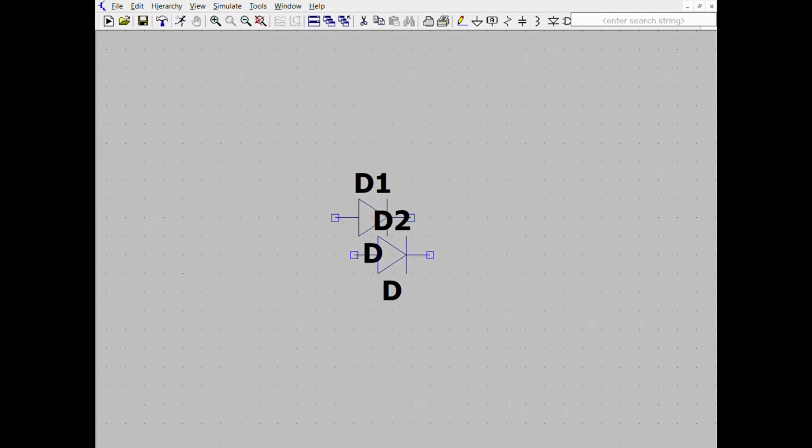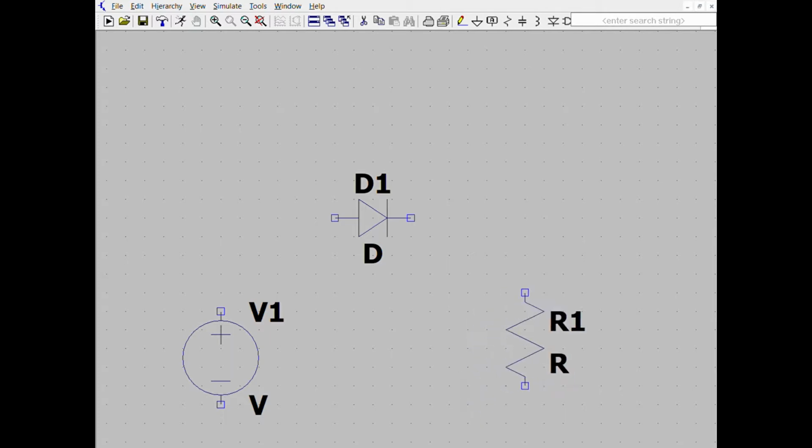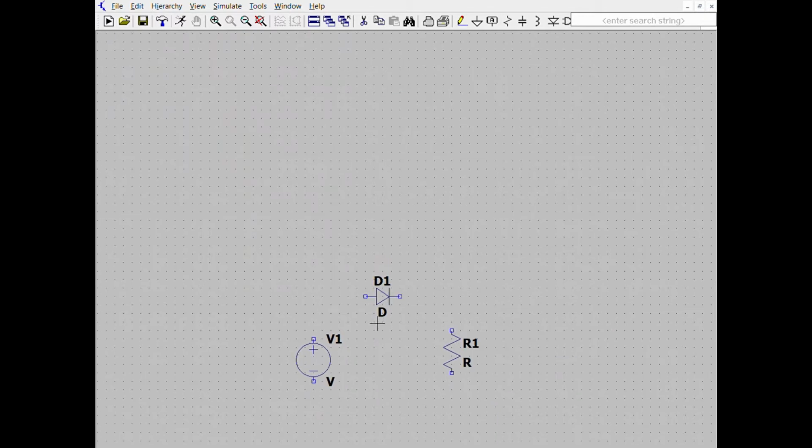Shift R to change the position of the diode, and then we also need a voltage source and a resistor. Put it here.